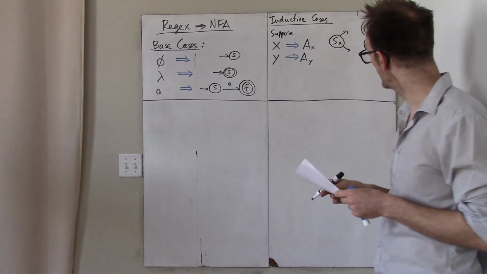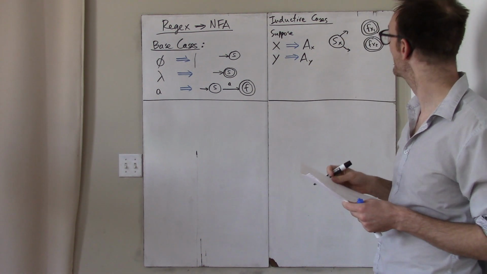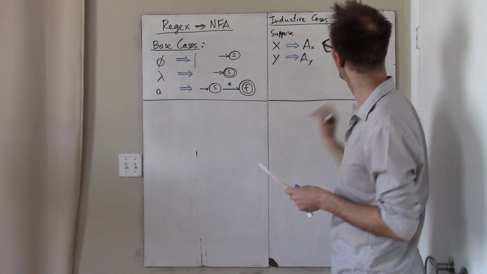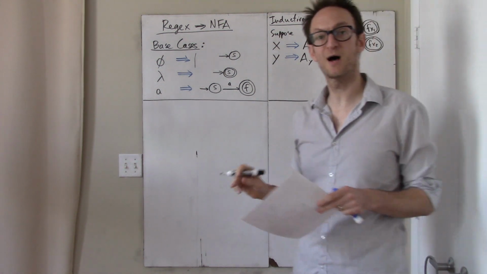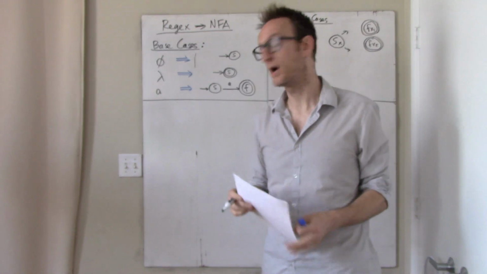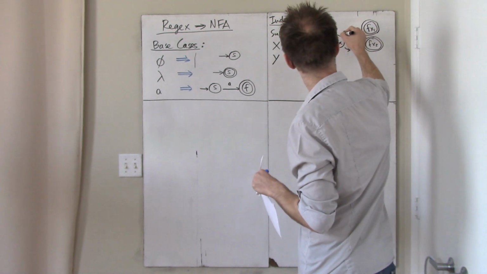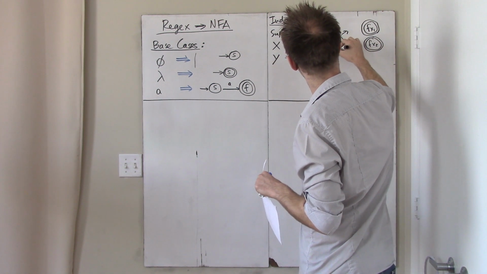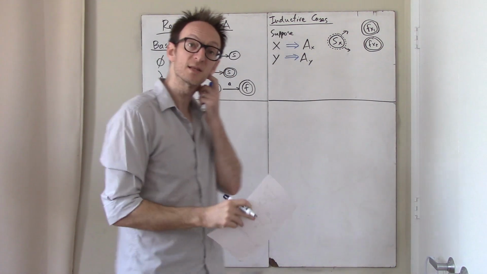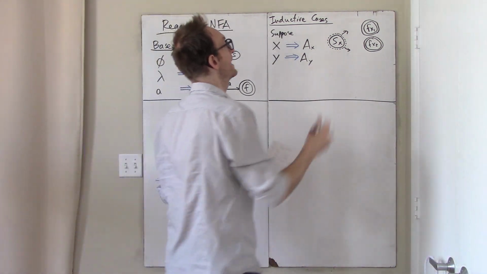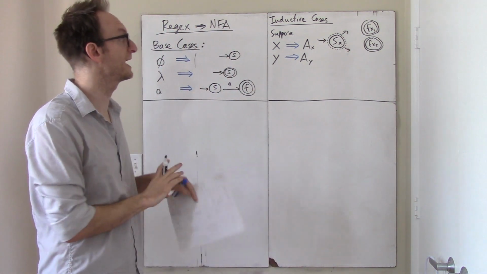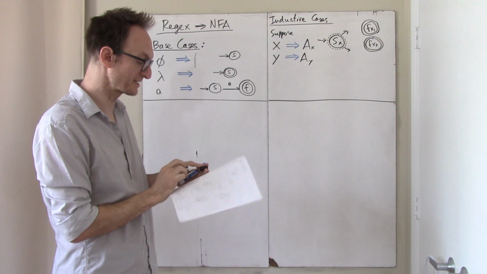A sub x. And there's one more thing we have to worry about a little bit, which is that it's of course possible for the start state of machine A sub x to be itself an accept state. So what we're going to do now is put a dotted concentric circle here to indicate that this start state may or may not be one of the accept states of the machine.